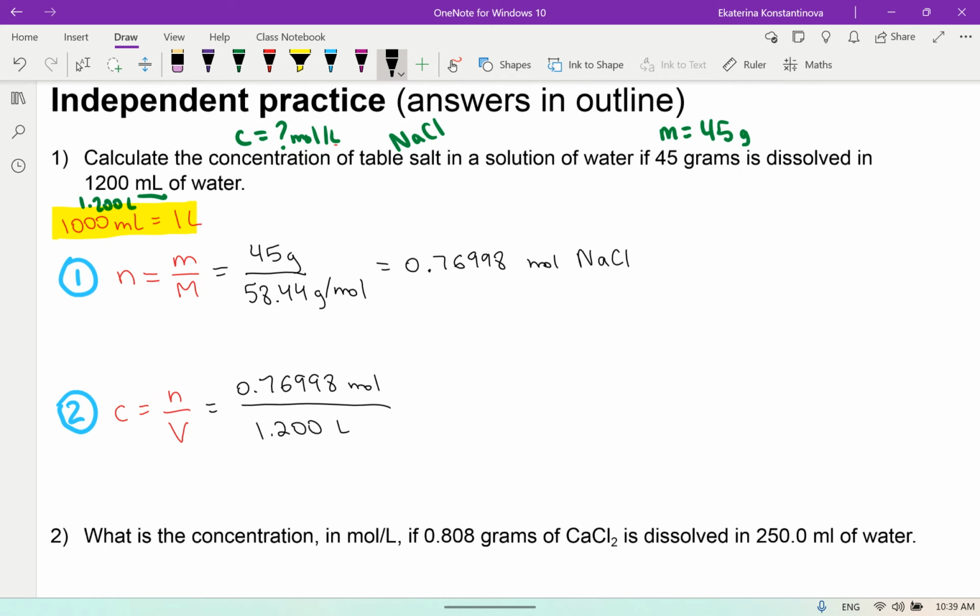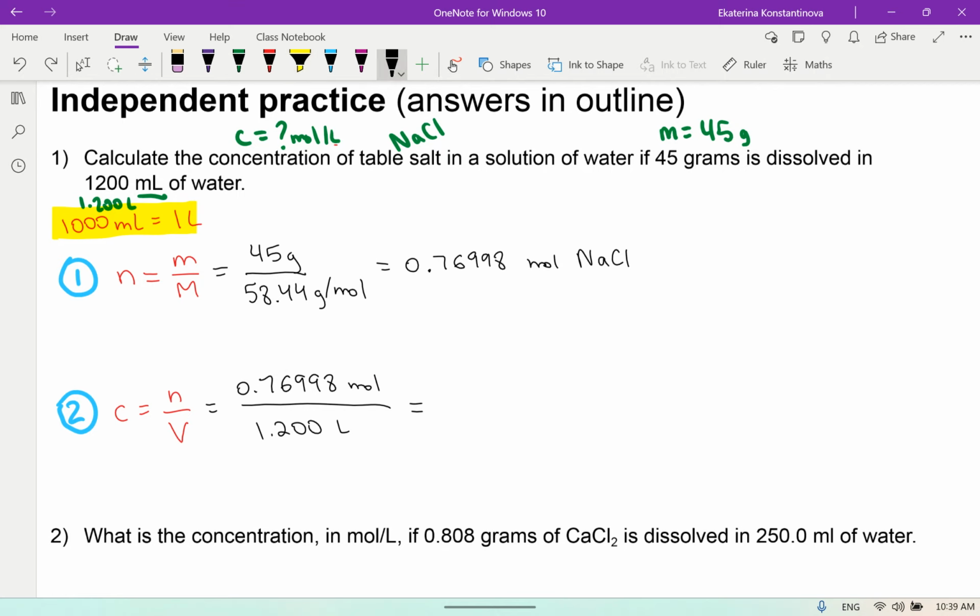Now if you're wondering, did I rearrange this equation correctly? Your units will also show you if you did so correctly. We want concentration in moles per liter, and that should be our final answer, and we will get the right units because we have mole per liter right here.